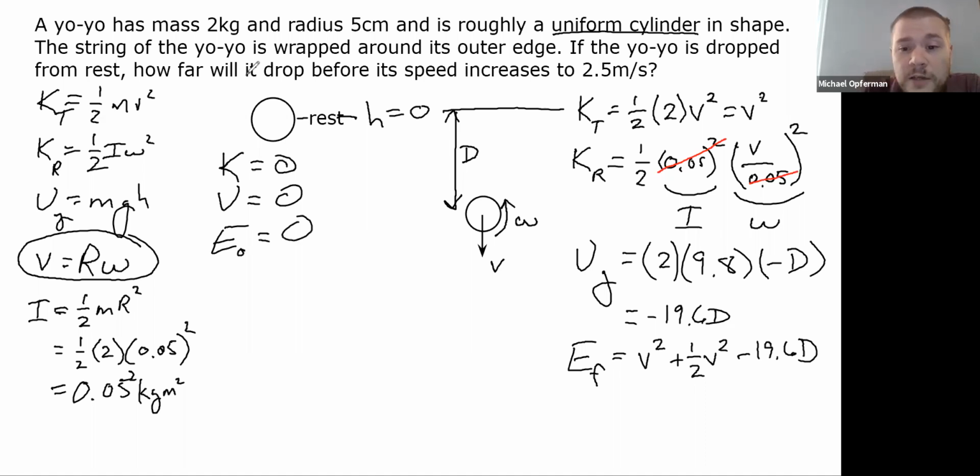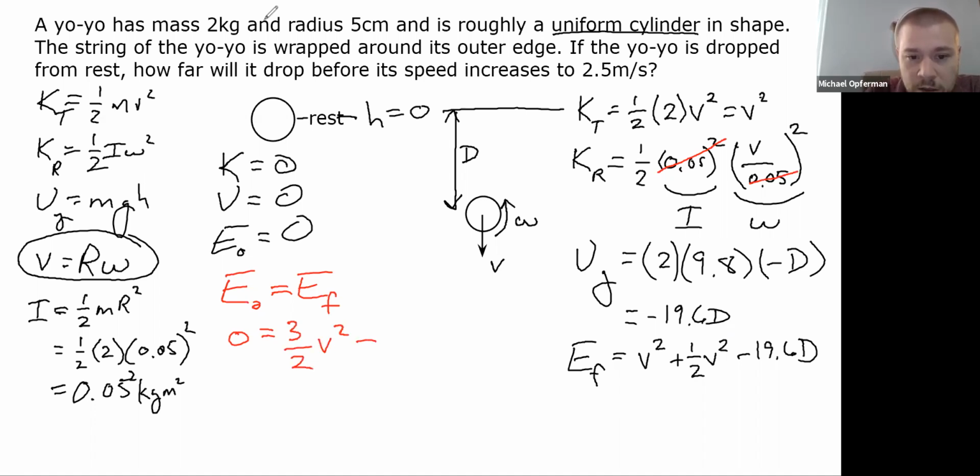So when I apply conservation of energy, I set initial equal to final. So that's going to be 0 equals 1 plus 1/2, which is 3/2, so 3/2 v squared minus 19.6 d.